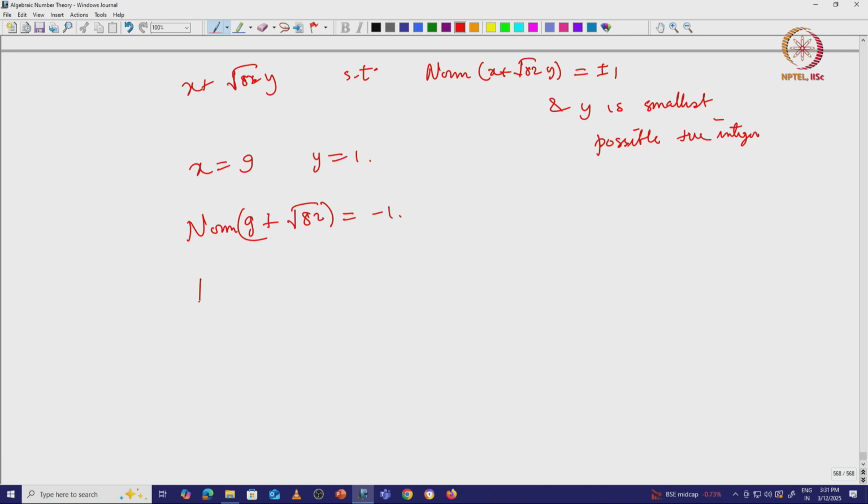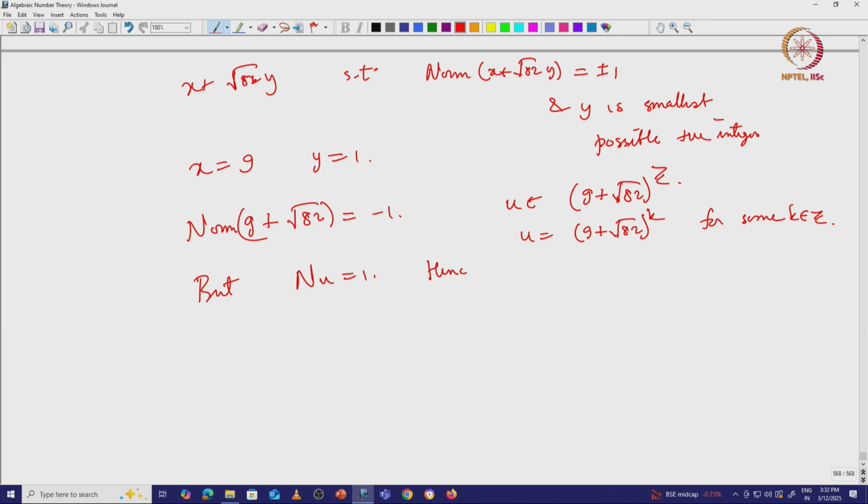But the norm of u is 1, which means u is in the group generated by this. So, u is 9 plus square root of 82 to the power k for some k in Z. But the norm of u is 1, hence k is even.